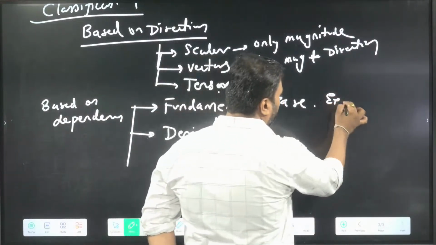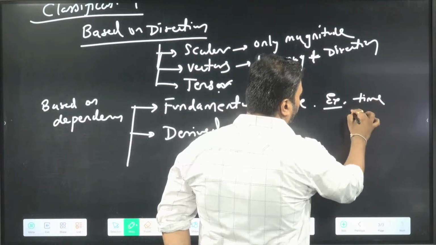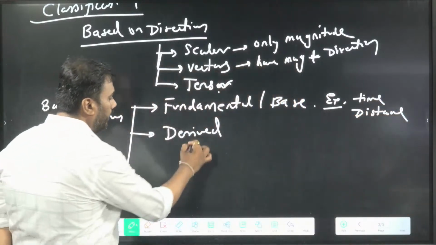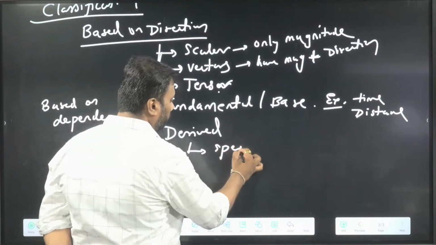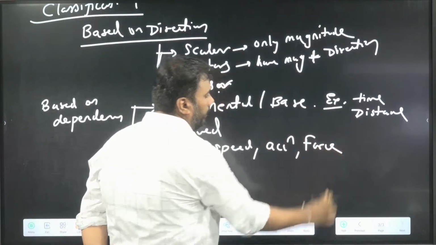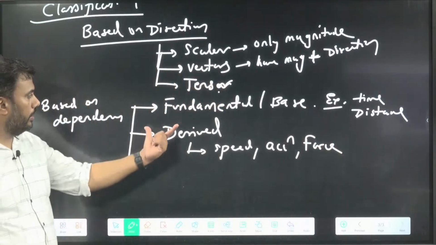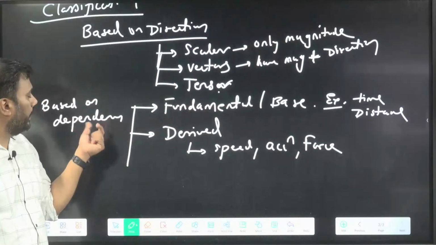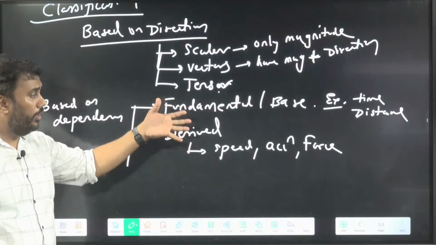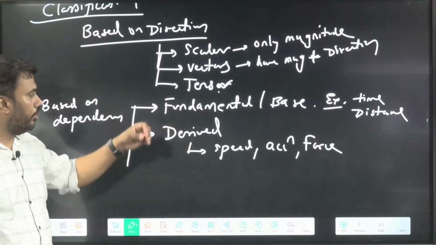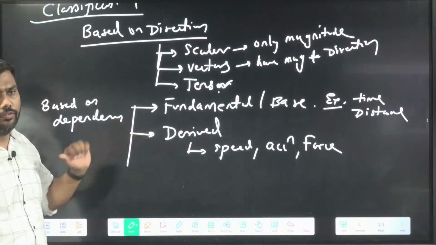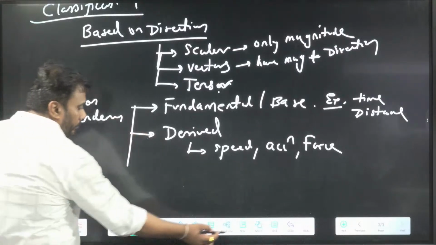Some examples: time, distance, and derived quantity examples may be speed, acceleration, force, etc. So physical quantities based on dependency are fundamental or derived physical quantities. In SI system, I will talk about SI later on, there are 7 fundamental.